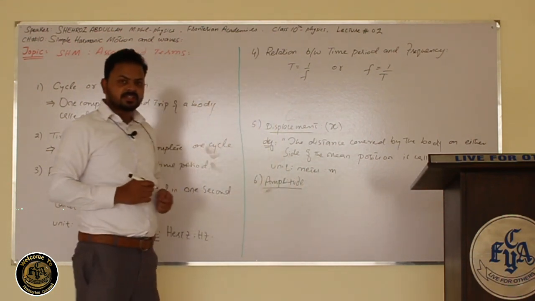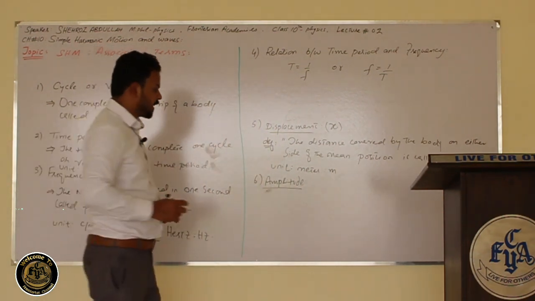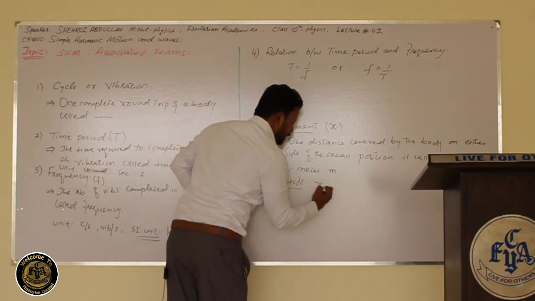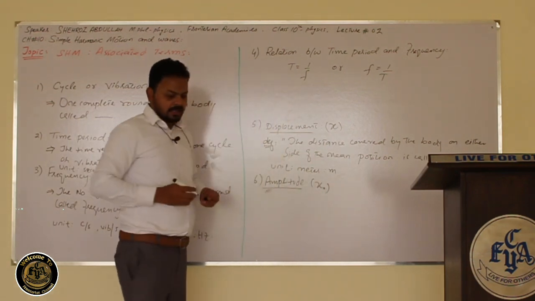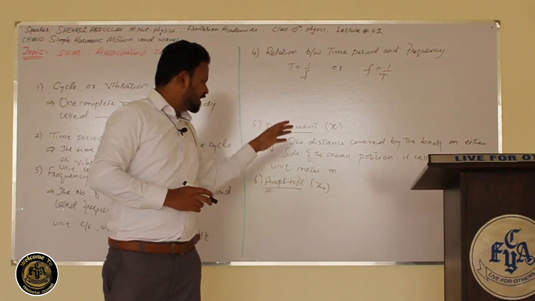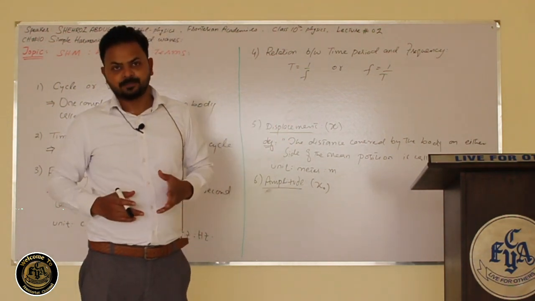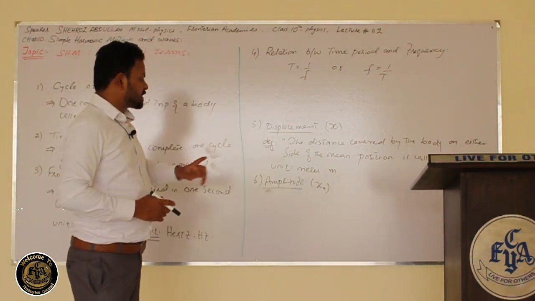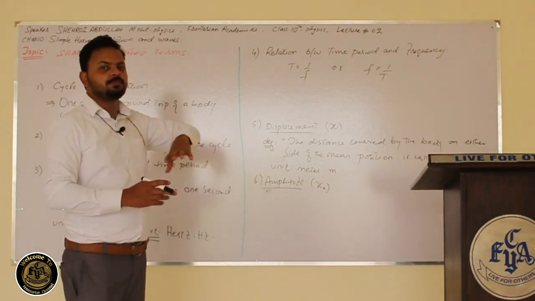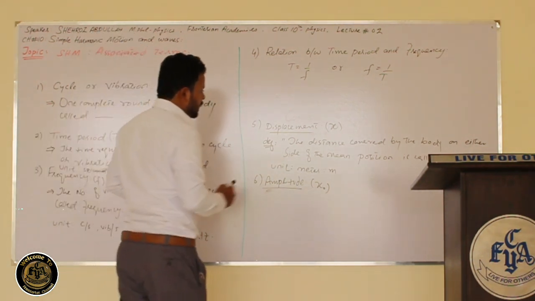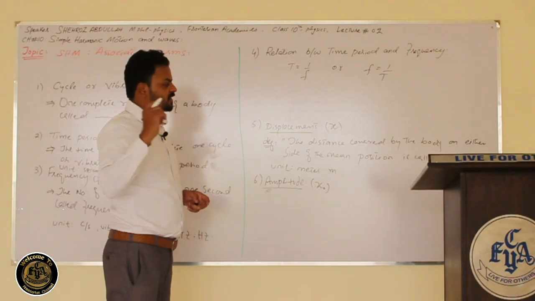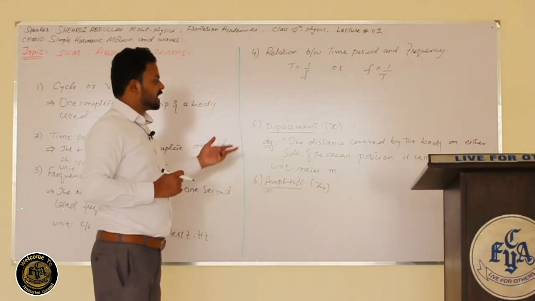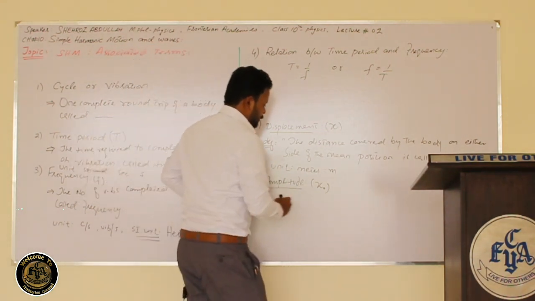Then we have amplitude. We represent amplitude by x naught. Now, what is amplitude? Actually, displacement and amplitude are the same, but the only difference is that amplitude is the maximum displacement. The rest of the definition is the same, just a single word is added: maximum displacement.